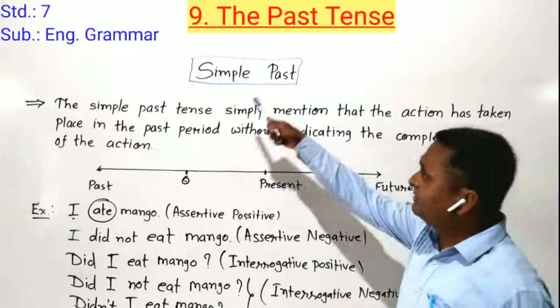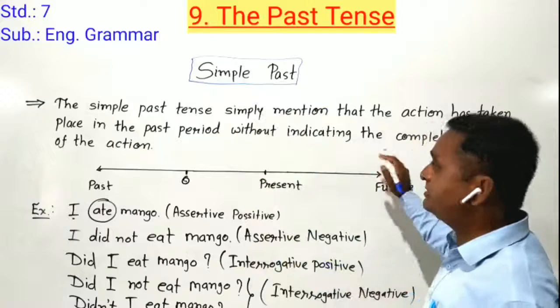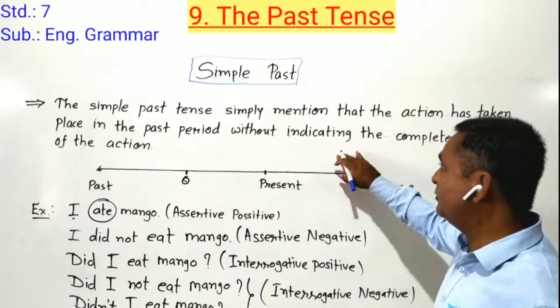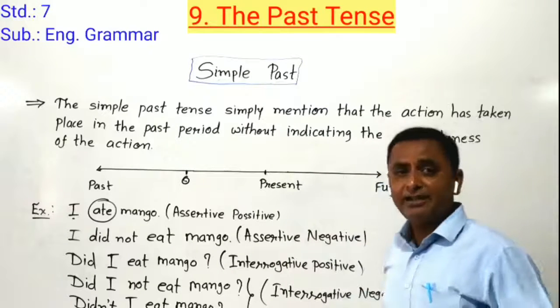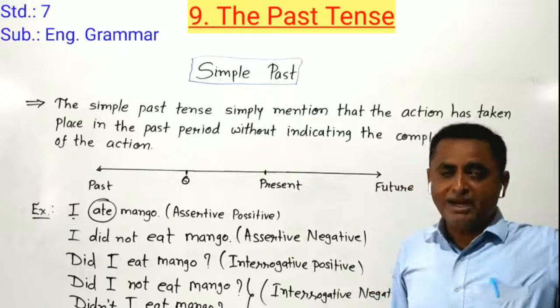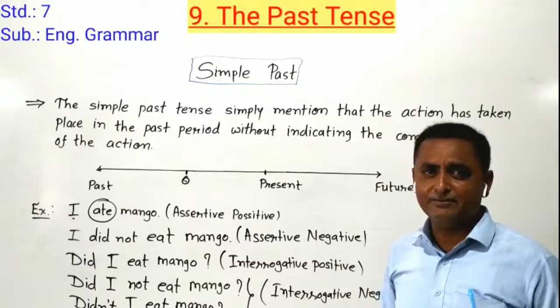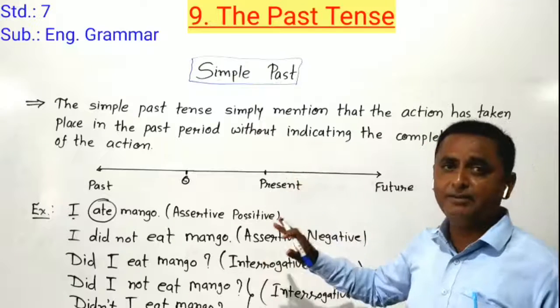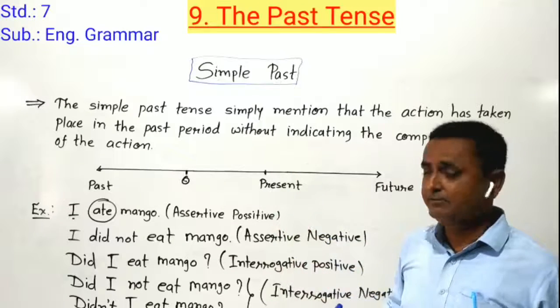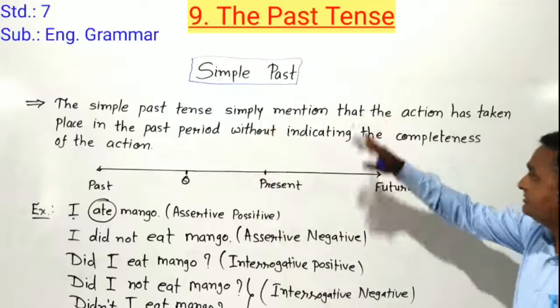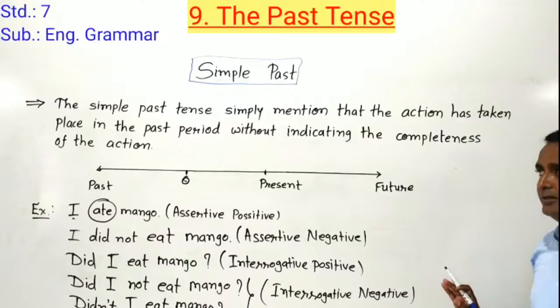So students, our simple past tense learning is over. Simple past tense simply mentions that an action happened in the past. Whether the action is completed or not, that doesn't matter. Just the action took place in the past, and we use simple past tense. Can you understand, students?